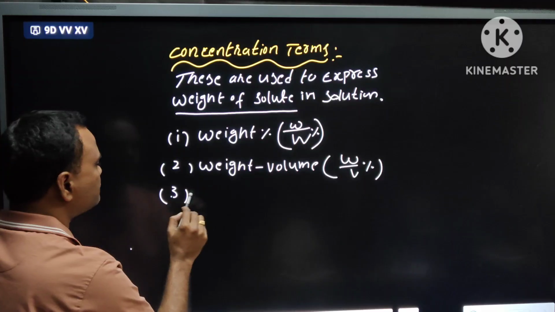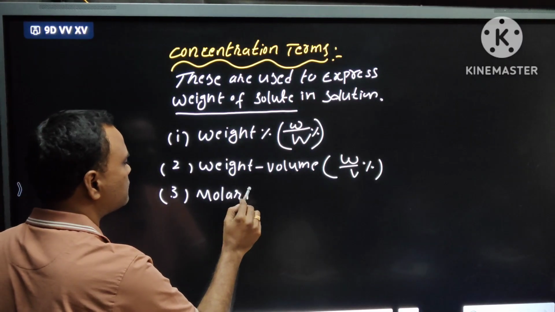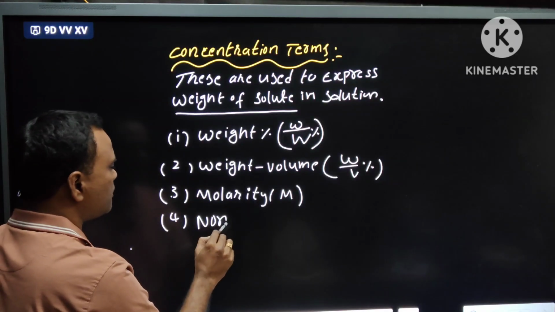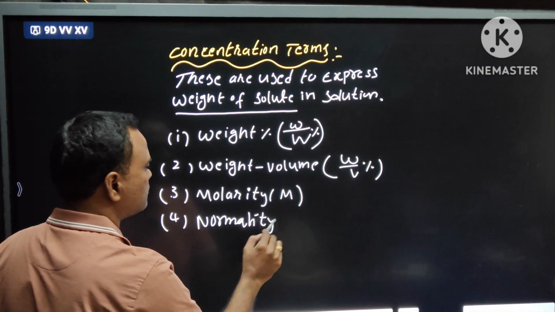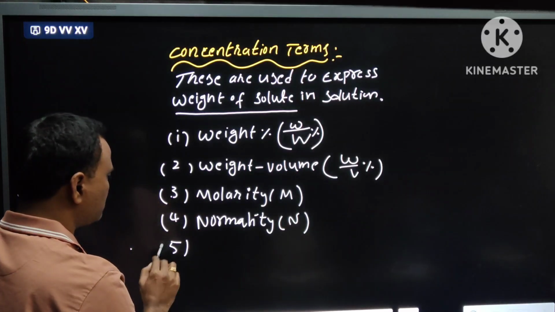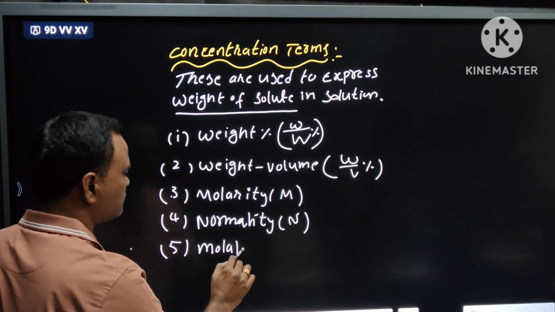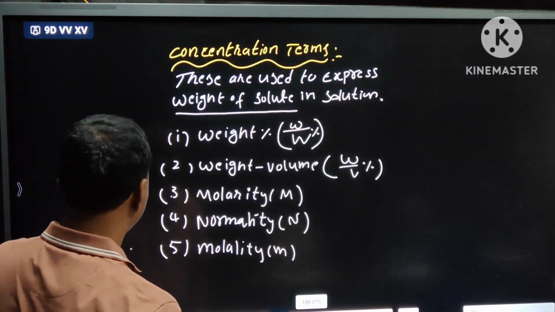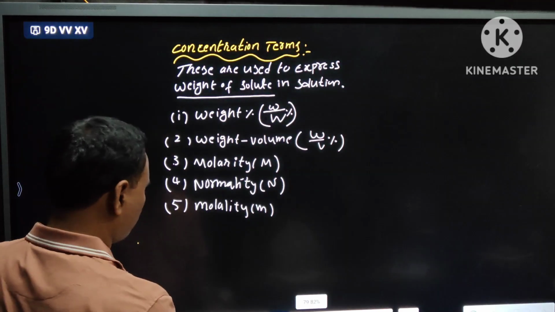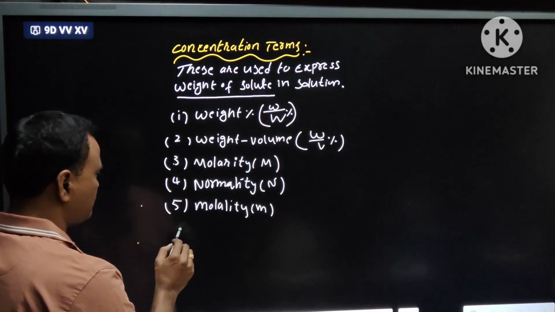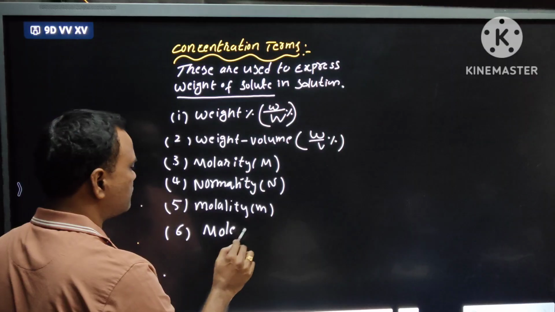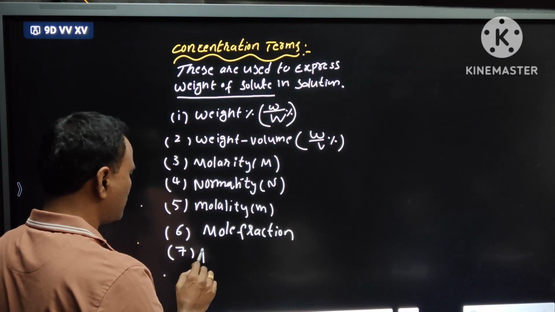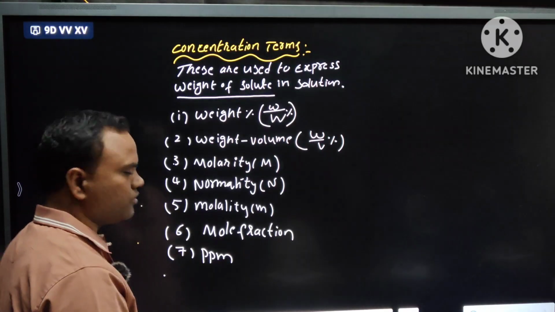Third one, molarity, symbol capital M. Normality, capital N. And molality, small m. Mole fraction, and ppm, parts per million.